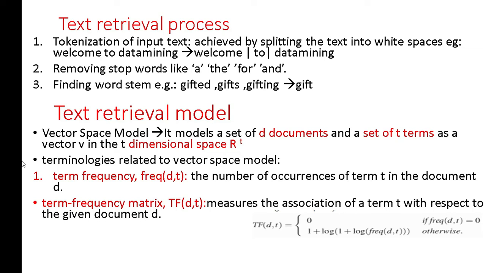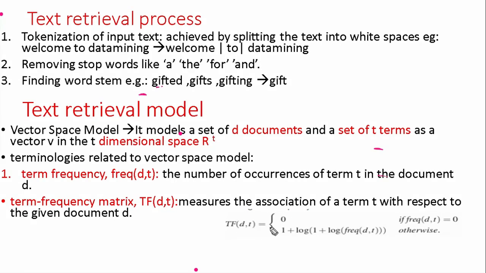Term frequency is written as frequency of D comma T. Here D means the document and T means the term. So frequency altogether means the number of occurrences of a term T in document D.